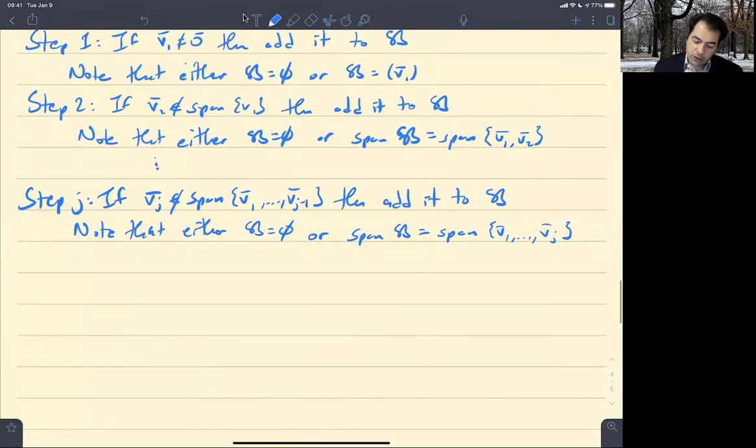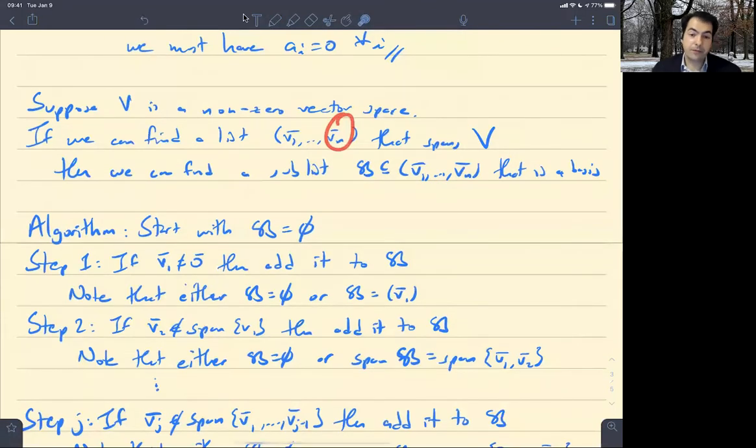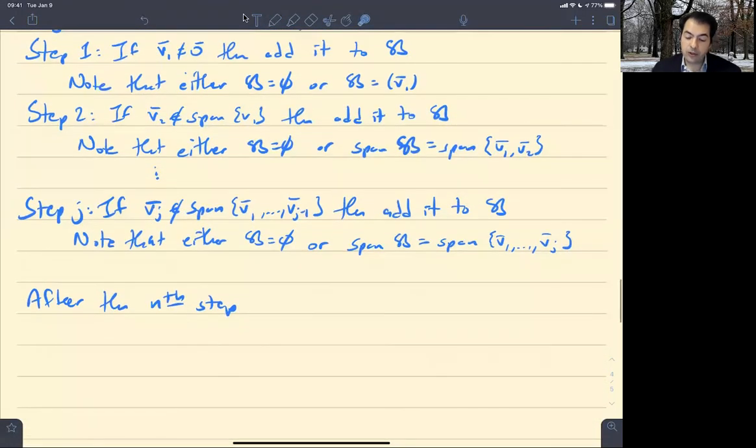Okay, so then you keep doing this, and after the nth step, where remember I started with n vectors, I've now looked at all of the vectors. We've constructed B. All we're doing is at every step deciding: does this vector add anything to the ones I already have as far as linear combinations go?